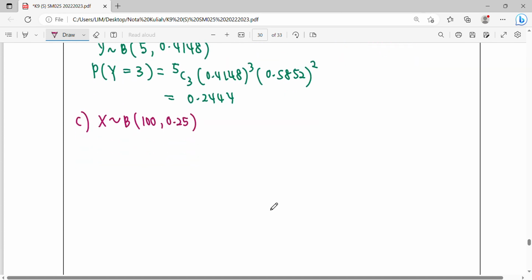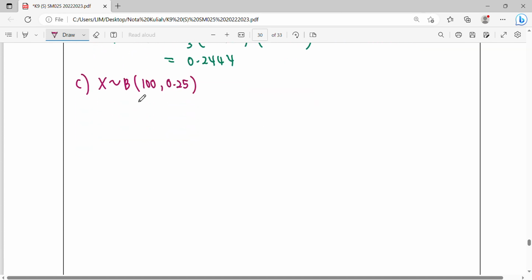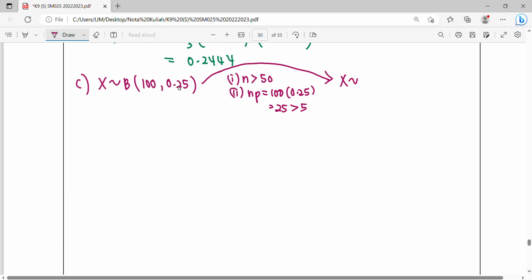So when you look at this distribution, is it suitable as a binomial? No. The first condition is that n is already greater than 50. Secondly, NP: 100 times 0.25 is 25, which is more than 5. So we should change the binomial distribution to normal with mean and variance.